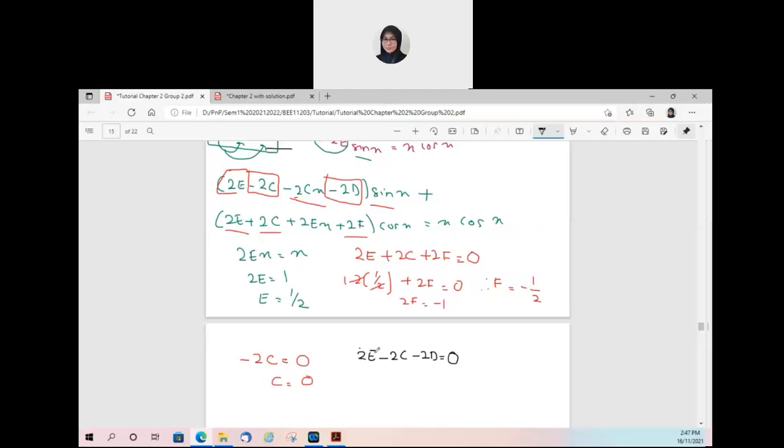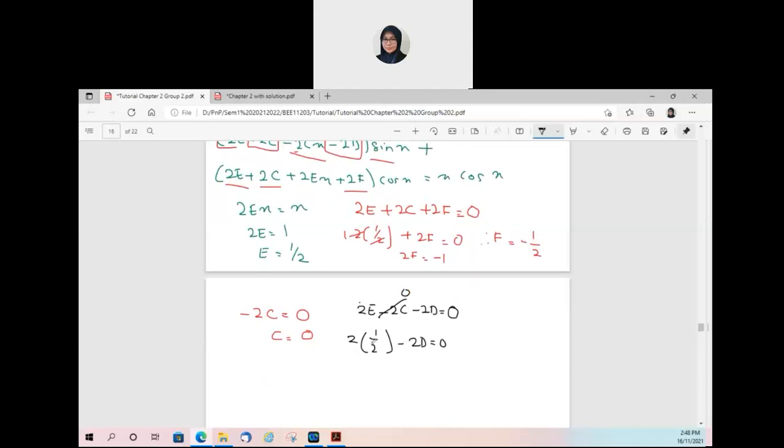Okay, so we know what is E, what is C, so we can find what is D. So C is 0, then we just cancel here, 0. So 2 times 1 over 2 minus 2D equals to 0.